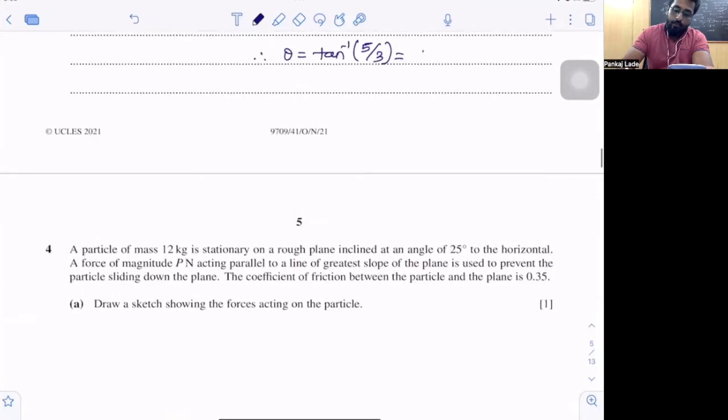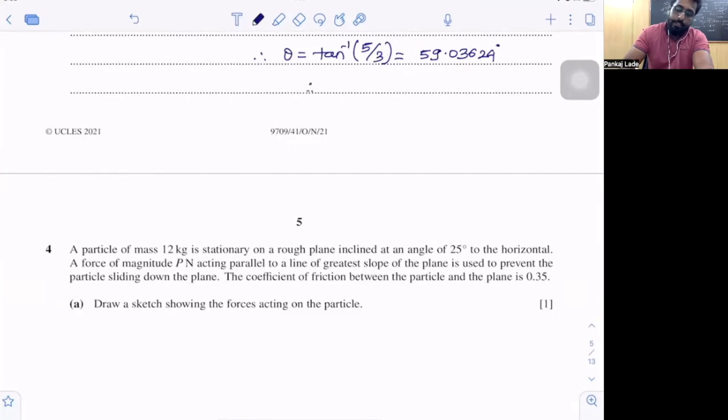So I'm going to write here 59.03624 degrees. But the instructions given to us tell us that if you're finding angles in degrees, you just want to maintain one decimal place. So the decimal places I have are 036, so that's 04. So 59.04, or you can just continue as 59.